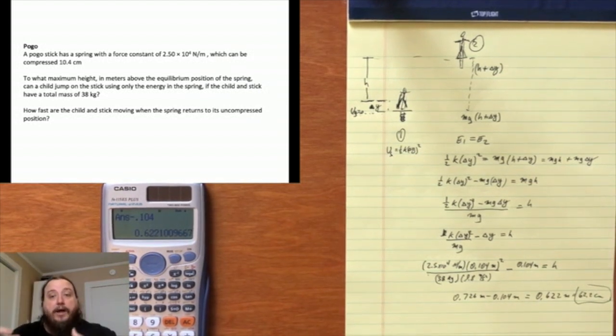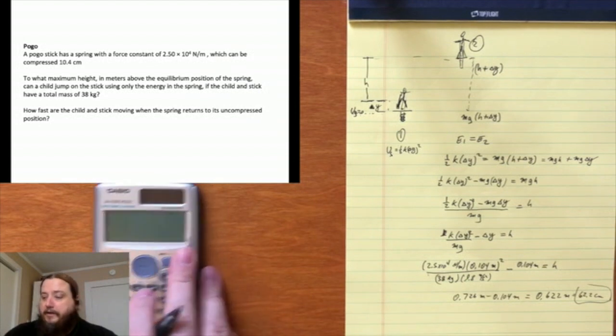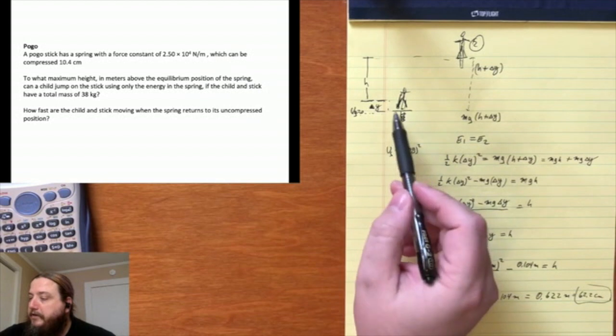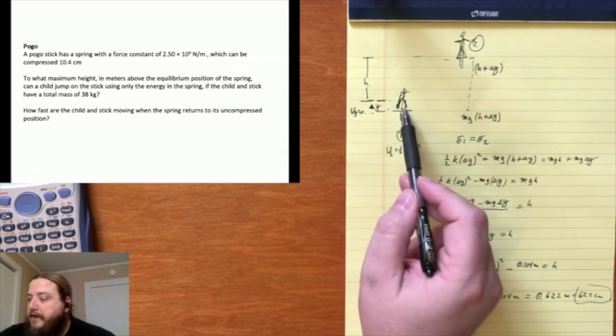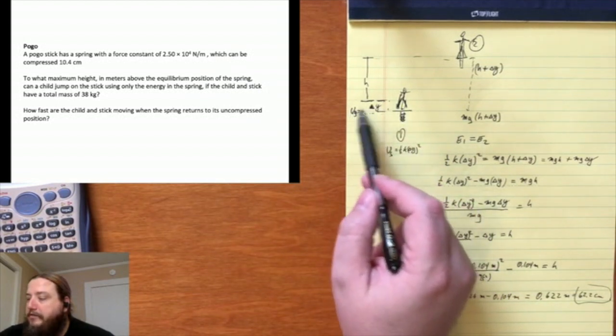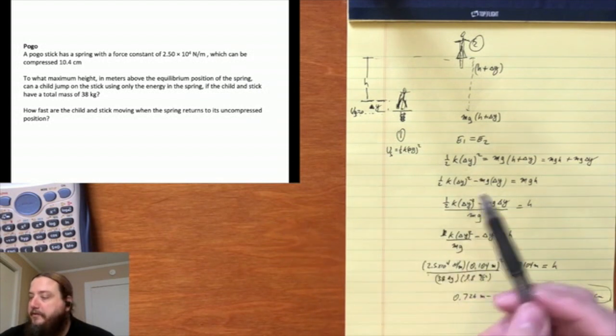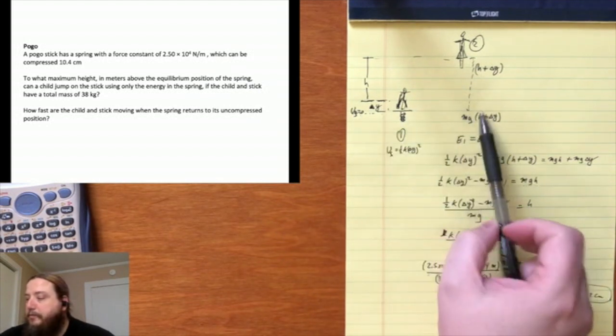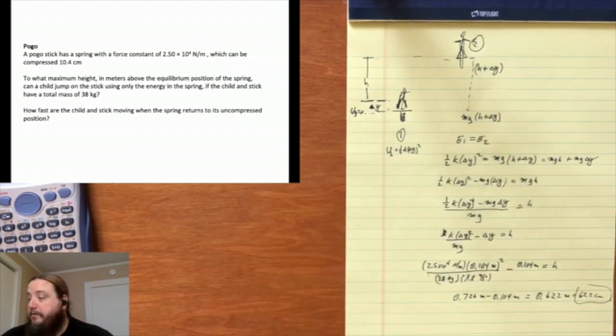So that's how high we could get above the equilibrium point. And we had to be careful here, again, to keep track of where we were setting the 0 point for our gravitational potential energy, and then making sure that we use that same 0 point at both positions.